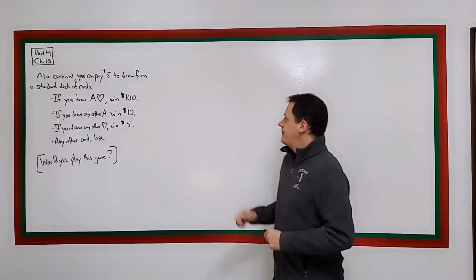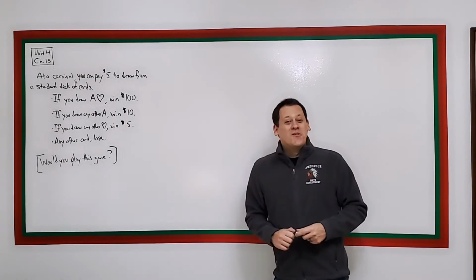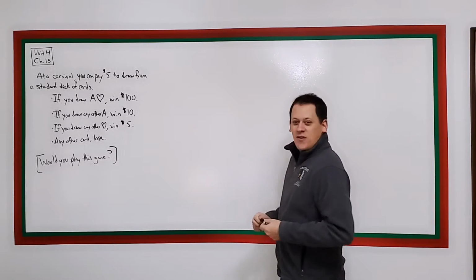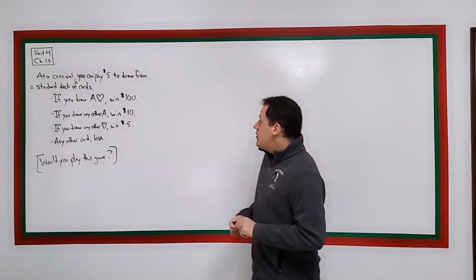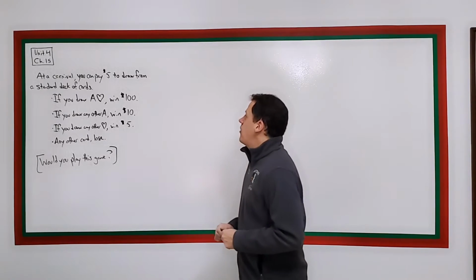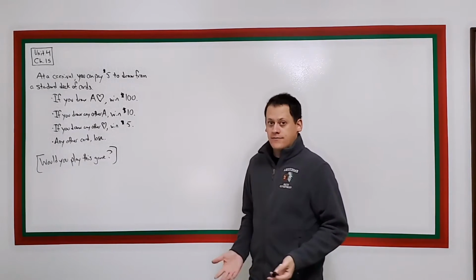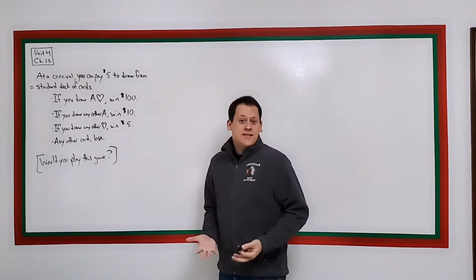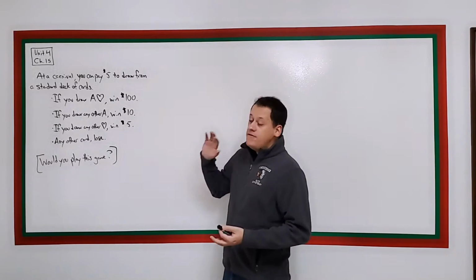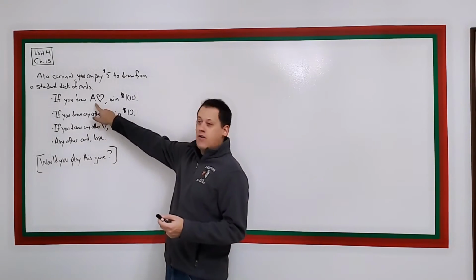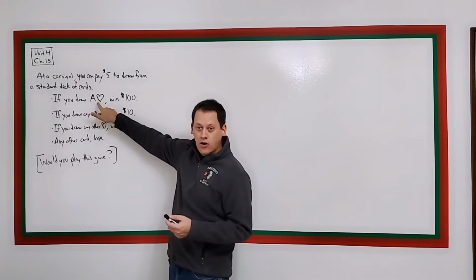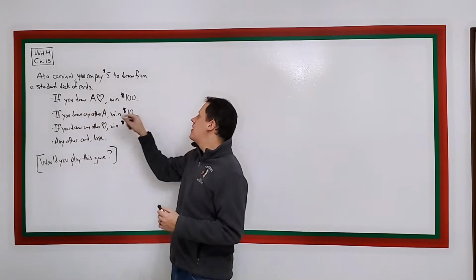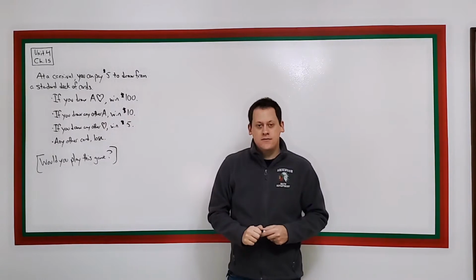So let's get going. Let's say you're at a carnival. Yay! Remember when carnivals existed? You could pay $5 to draw from a standard deck of cards, right? And this is what happens. If you happen to draw the ace of hearts, so this is not a heart, this is the ace of hearts, you win $100.